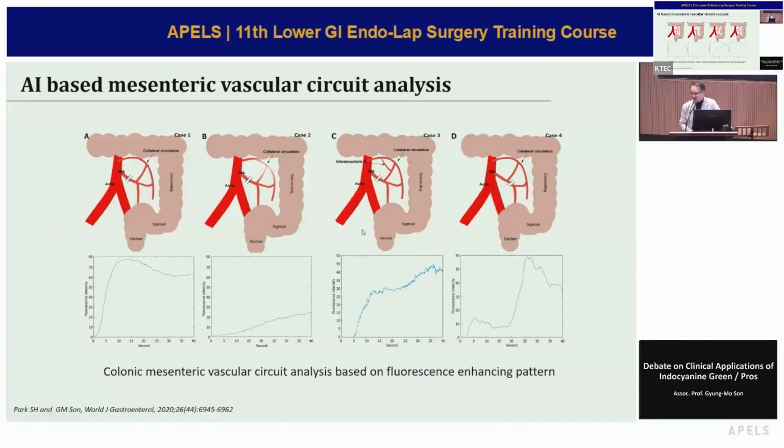And patient C has a collateral circulation system, so this graph shows double peaking like this, and when we performed low ligation, this showed another different graph pattern. So using this graph pattern, we can image the mesenteric vascular structure. This is our ongoing project.